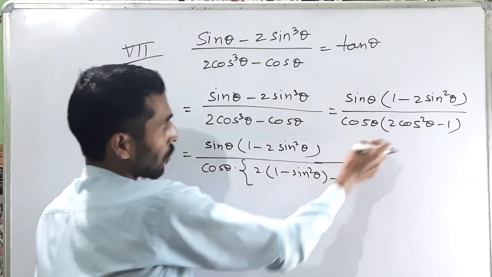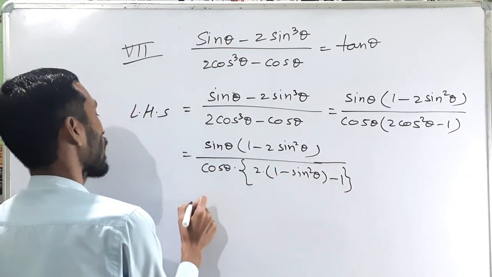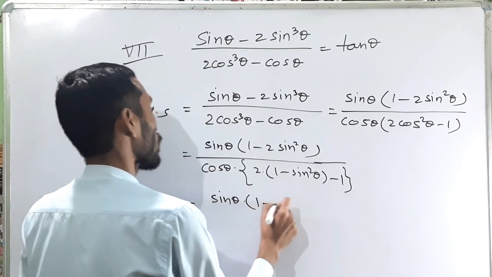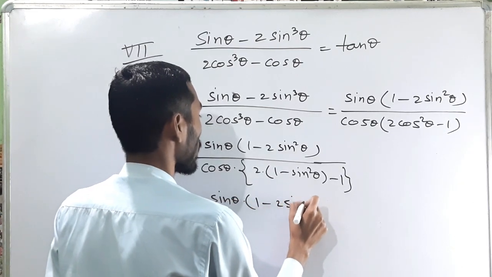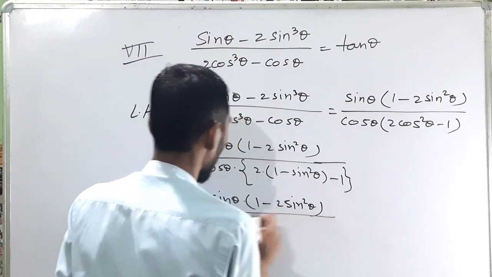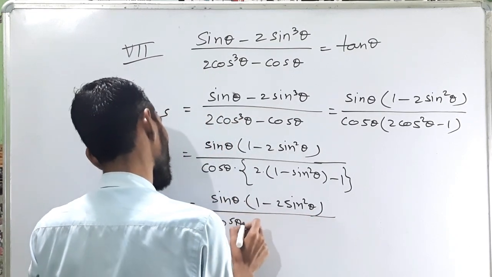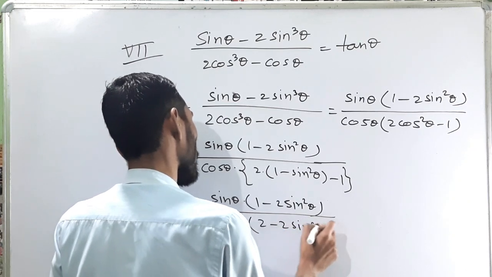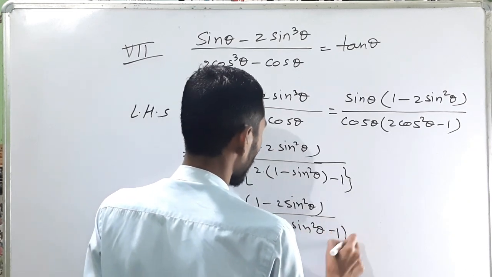We have replaced cos square theta by 1 minus sin square theta. So what can be done? Sin theta into 1 minus 2 sin square theta by cos theta into 2 minus 2 sin square theta minus 1.